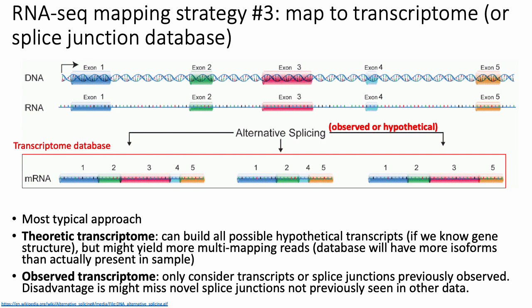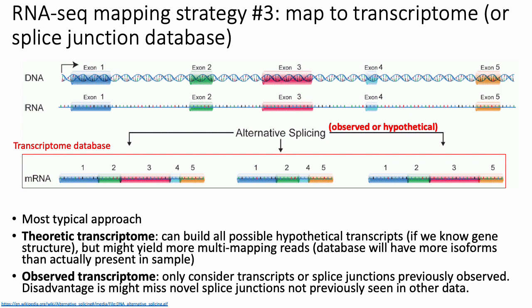But if you only look at observed transcriptomes, for example, maybe previously people have found that exons 1 and 2 only get spliced together in one particular isoform, and all the other possible isoforms that could be made were not actually made. And so your observed data already tells you that you could ignore the other possibilities. And so basically, because the observed transcriptome database is much smaller, multi-mapping reads will probably be less of a problem.